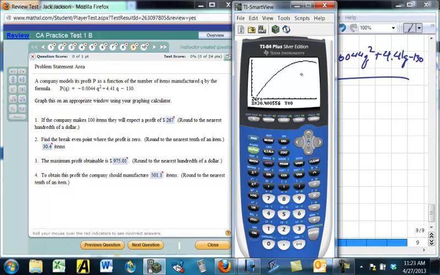Now we want to find the maximum profit. So that's second trace again. For calculate, this time we're calculating the maximum, number 4. So type 4. And it asks you for a left bound, so we're way over here. We want to go closer to that maximum, but we still want to be sure that we're on the left side. Well, that's good enough.